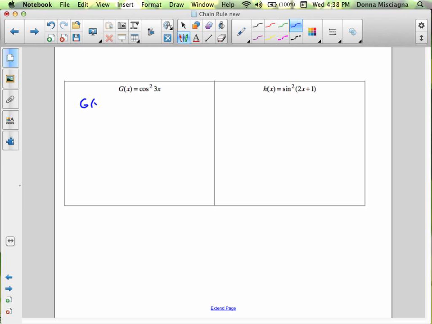All right, so g of x equals cosine 3x, and all of that is squared. That's what that means. So when we take the derivative, we're going to take the derivative of the blob squared, and we don't care what's in the blob.